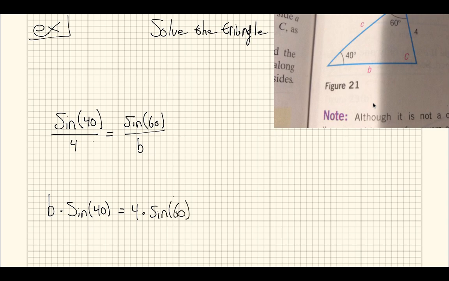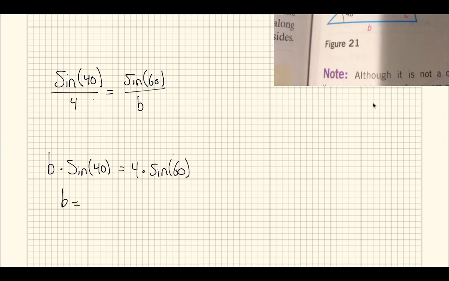Then just one extra step to solve: just divide. B equals 4 times the sine of 60 over the sine of 40. Since there's multiplication here, just divide by the sine of 40. This whole thing we're going to put in our calculator.